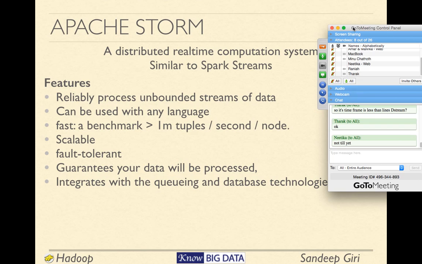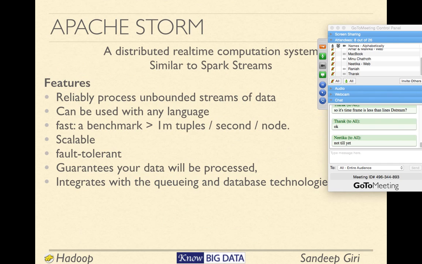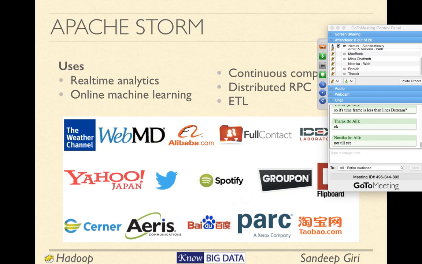Okay, and it can be used with any language. It is scalable, fault tolerant, guarantees your data will be processed, and integrates with queuing. Also, the important part to notice is that Apache Storm was built at Twitter, and it was basically done for really high performance systems.